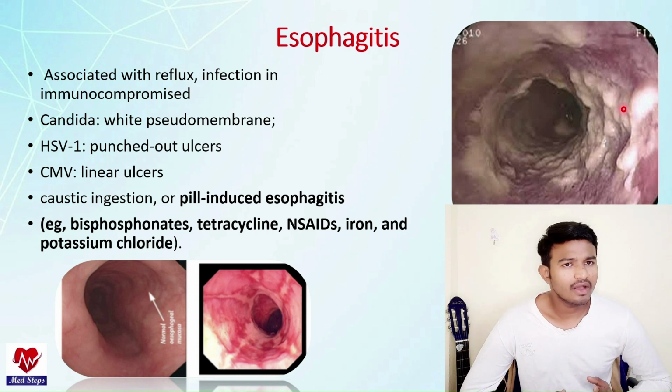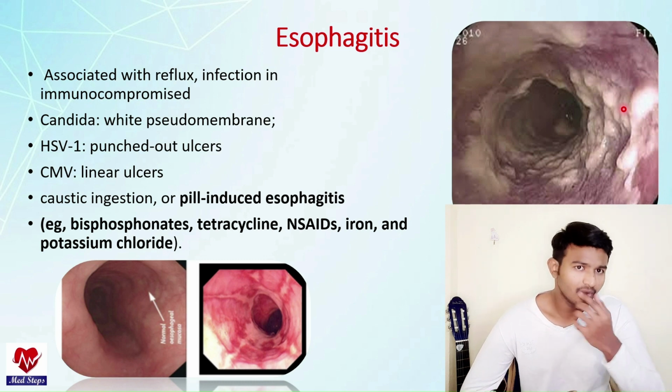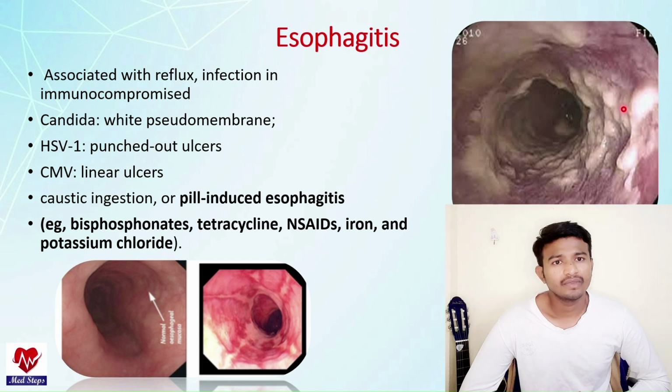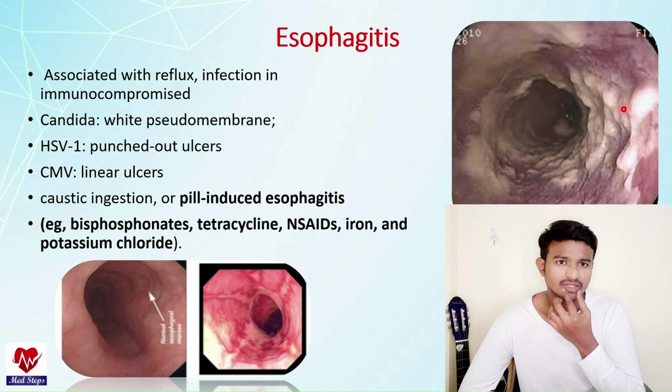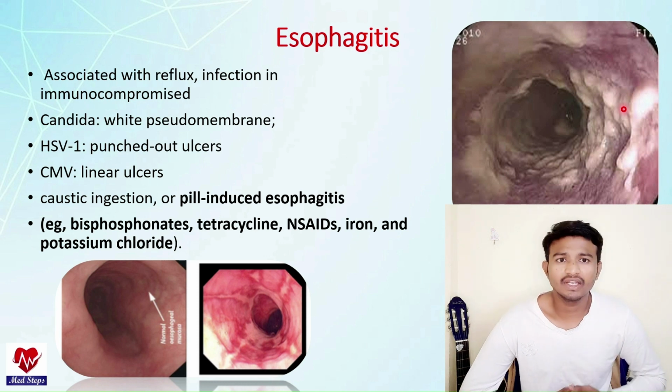Next, herpes simplex virus. In herpes simplex virus, you can see punched out ulcers. Punched out ulcers means that ulcers will form like you can see on the side of your lips, your mouth, and inside of the lips. This type of ulcers.